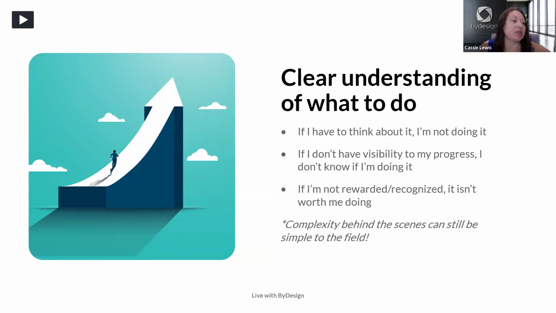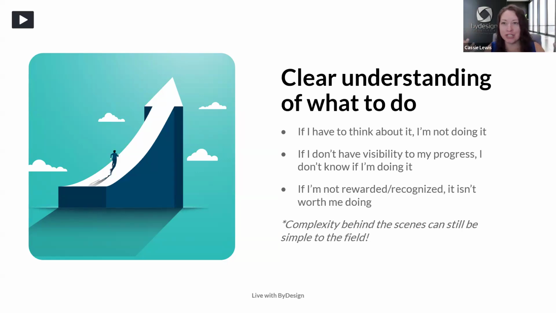And I always like to say here that complexity behind the scenes can still feel very simple to your field. And when I get into some of the trends over the next few slides, this is going to become more and more apparent, because what we're seeing now versus 10, 20 years ago is that comp plans are more complex with more elements and more differentiation, but reps are asking for it to be simpler and easier, right?